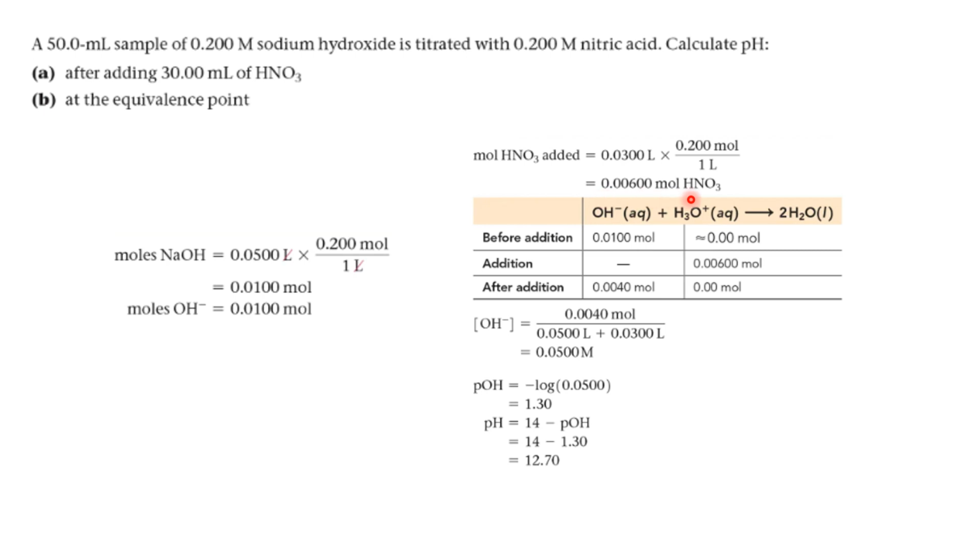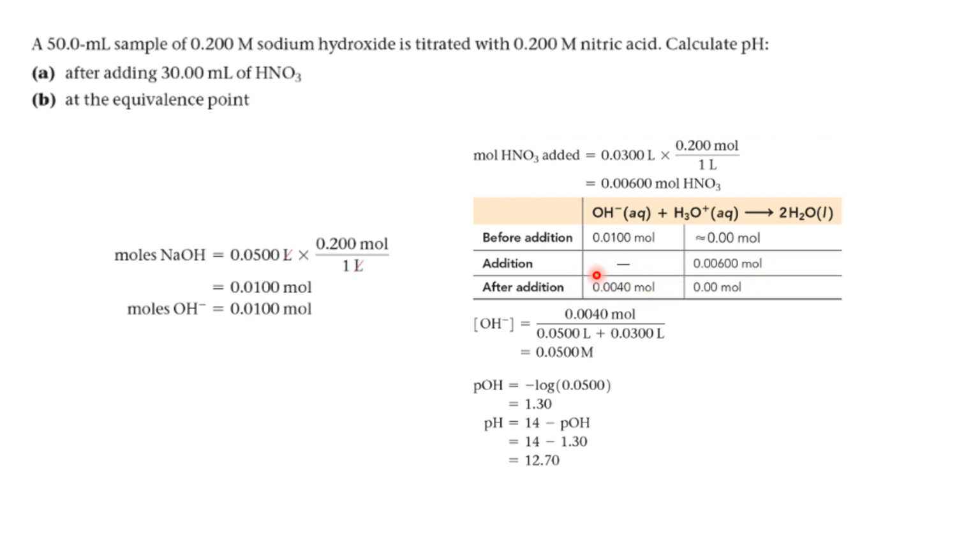There it is. Initially, before the addition, you had 0 acid, but now you've added 0.00600 moles of nitric acid, and your base consumed all of it. The base basically ate up all of this acid, and this is the amount of base you have left.